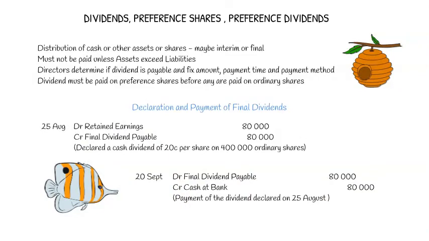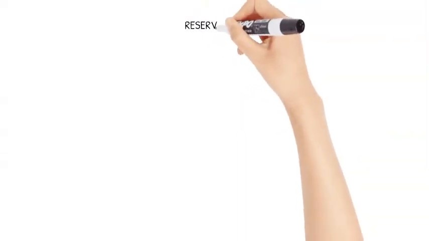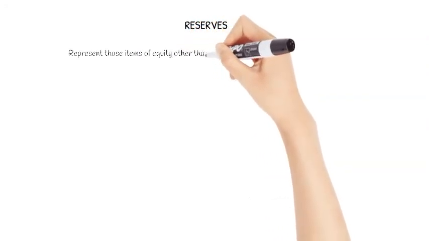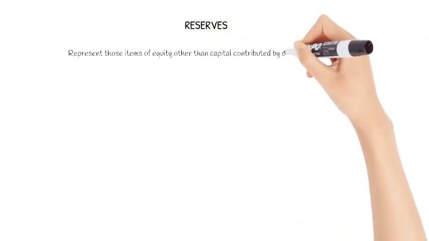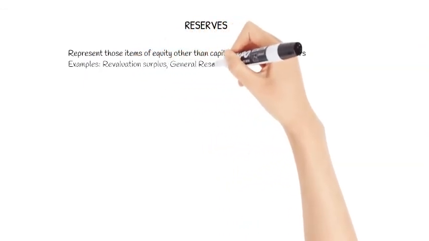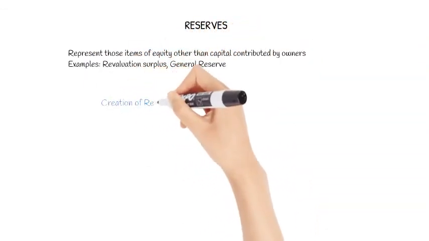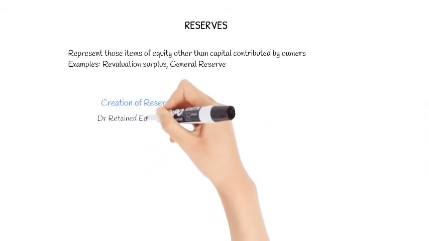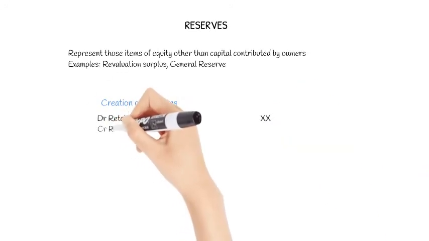Now let's look at reserve. Reserves are those items of equity other than capital contributed by owners. We have examples such as revaluation surplus and general reserve. To create reserve from profits, we debit retained earnings. By reducing retained earnings, we can then credit reserve to show an increase in reserve.